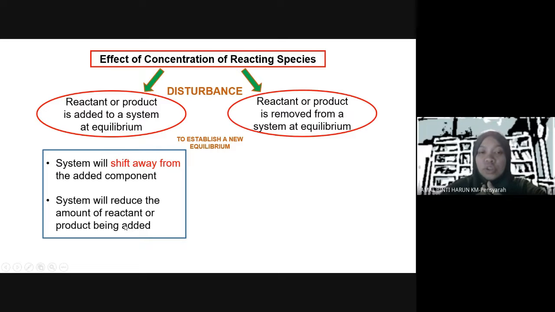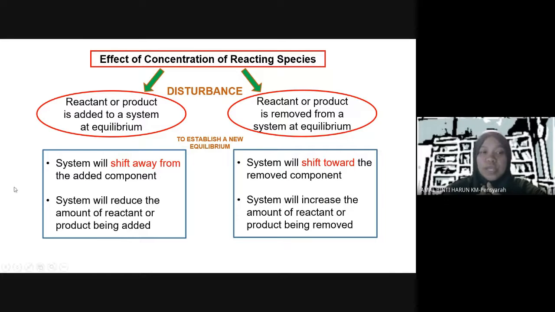Okay, contohnya kita ada dua jenis, sama ada reactant ataupun produk yang ditambah akan mengubah concentration, ataupun cara yang kedua adalah reactant atau produk remove. Kalau reactant atau produk bertambah, itu mengubah concentration.